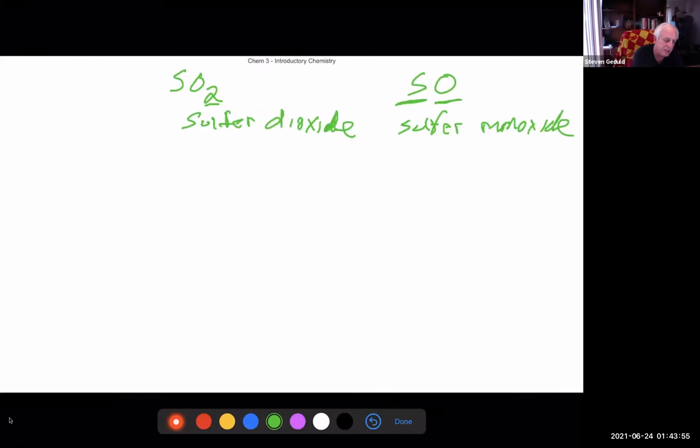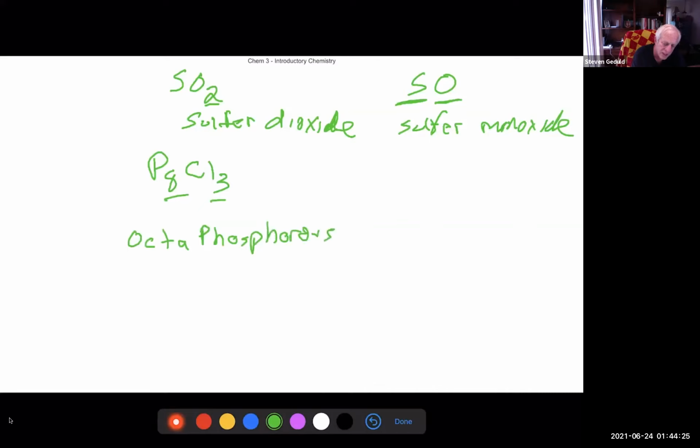So let's combine some more. Again, phosphorus and chlorine. You have to look at your periodic table. You have to learn how to use the periodic table. Notice they're both on the non-metal side, so you have to name the subscripts. 8 is octa. So it's octa phosphorus.